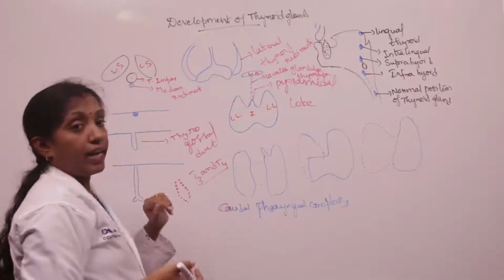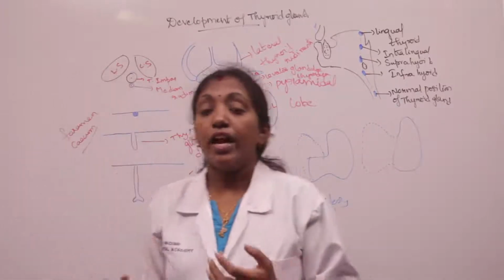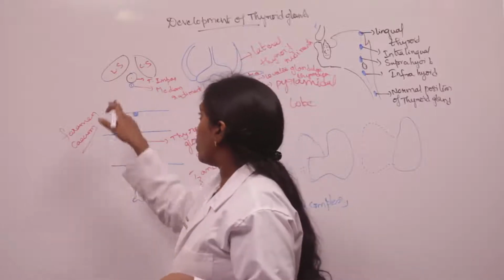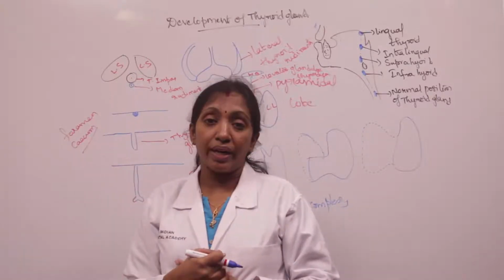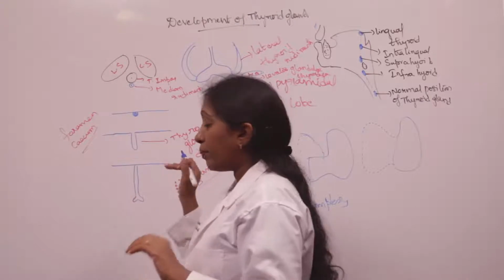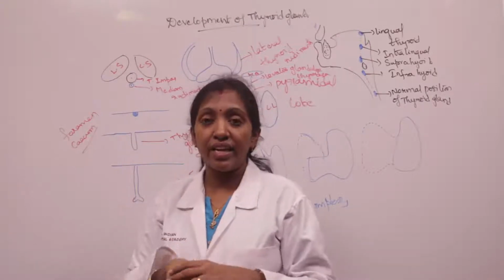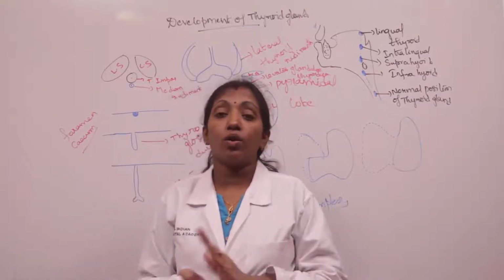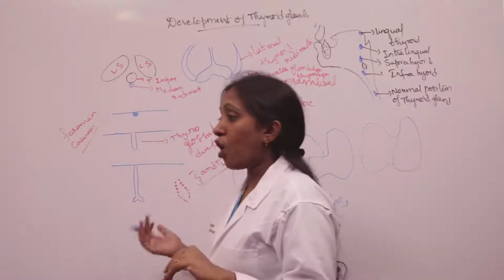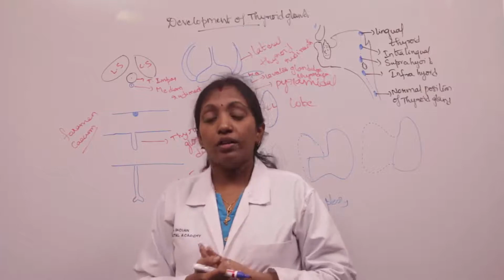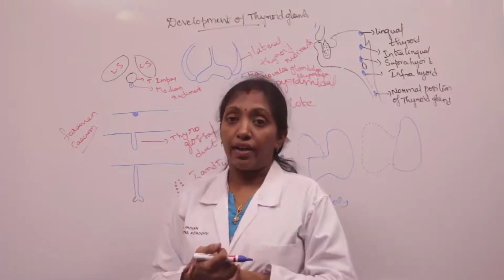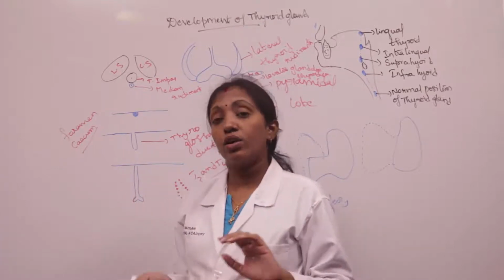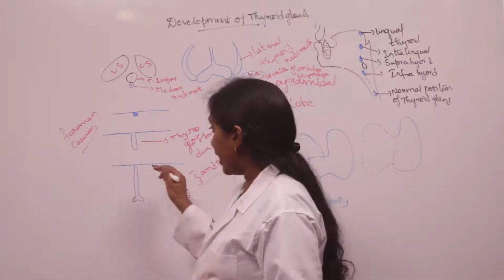So the thyroid gland starts as an endodermal proliferation dorsal to the tuberculum impar. We call it the median rudiment. From the median rudiment the cells invaginate and form the thyroglossal duct, and the lower end of the thyroglossal duct bifurcates, with further proliferation of cells causing the formation of the thyroid gland. Here the thyroglossal duct usually regresses.